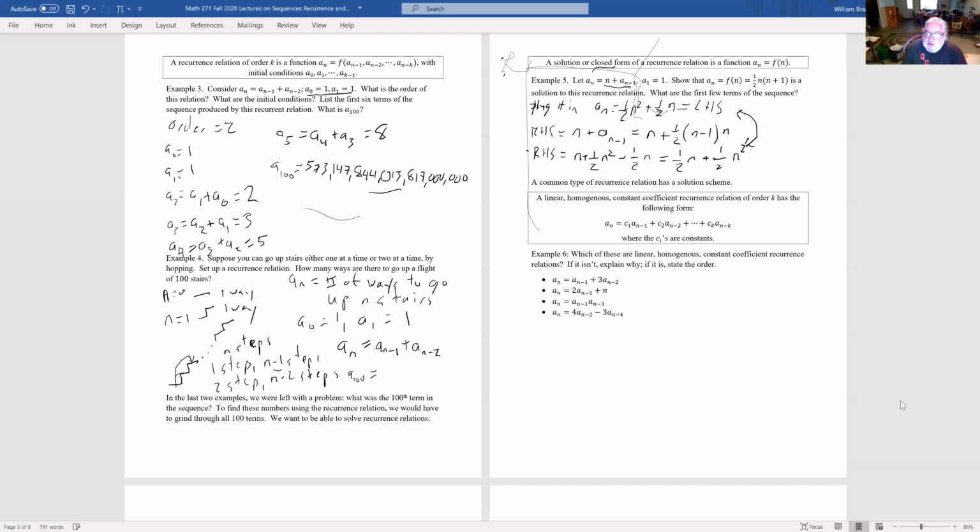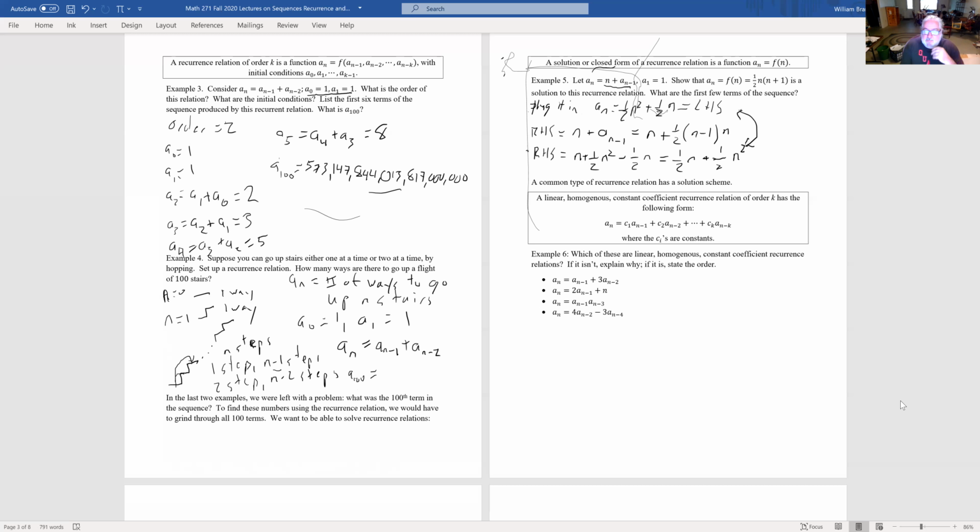So my left-hand side and my right-hand side are actually equal. They're both 1/2 n plus 1/2 n squared. So this is a solution. The point here is, if you want to check that something is a solution, a closed form, plug it in. Just remember, when you plug in a_{n-1}, you have to replace all your n's by n minus 1s to get your right-hand side.